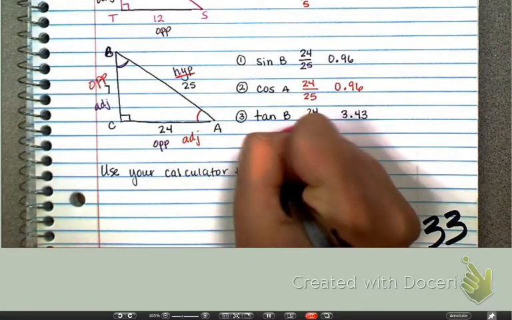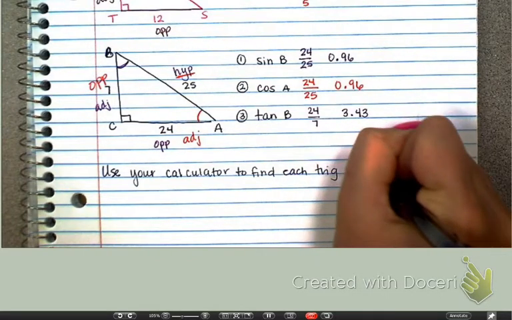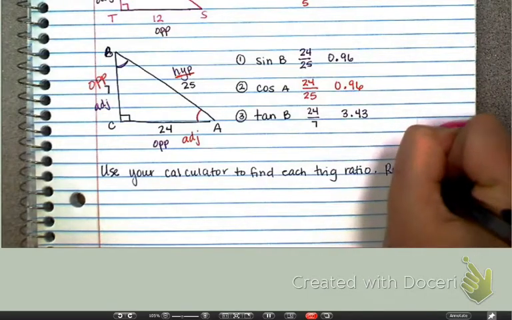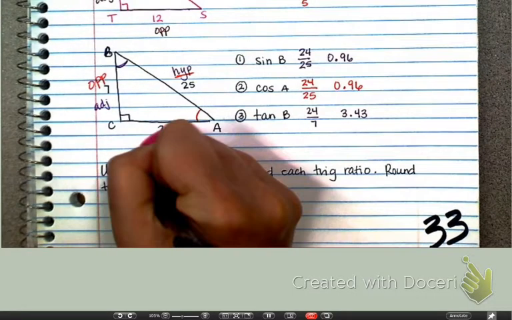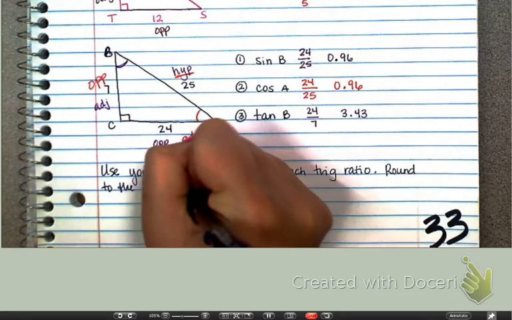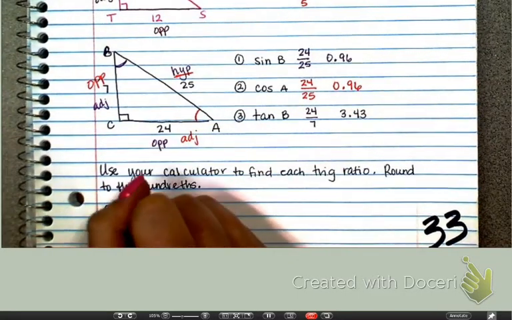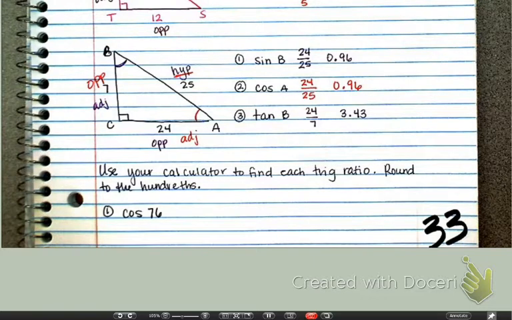To find each trig ratio, round to the hundredths. So for instance, I want to find the cosine of 76.